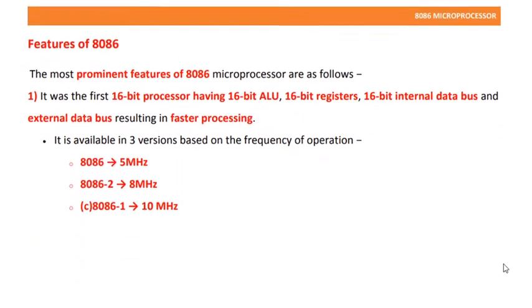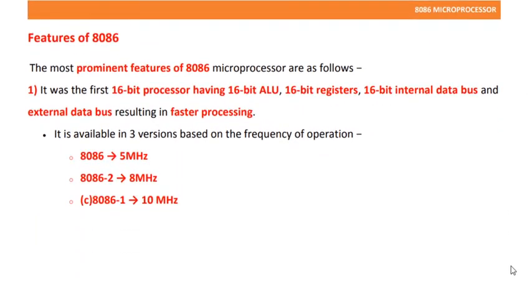Now let us try to elaborate more on the features of 8086 microprocessor. Intel 8086 microprocessor was the first 16-bit microprocessor with 16-bit ALU, 16-bit registers, 16-bit internal bus and 16-bit external data bus in order to facilitate faster processing.